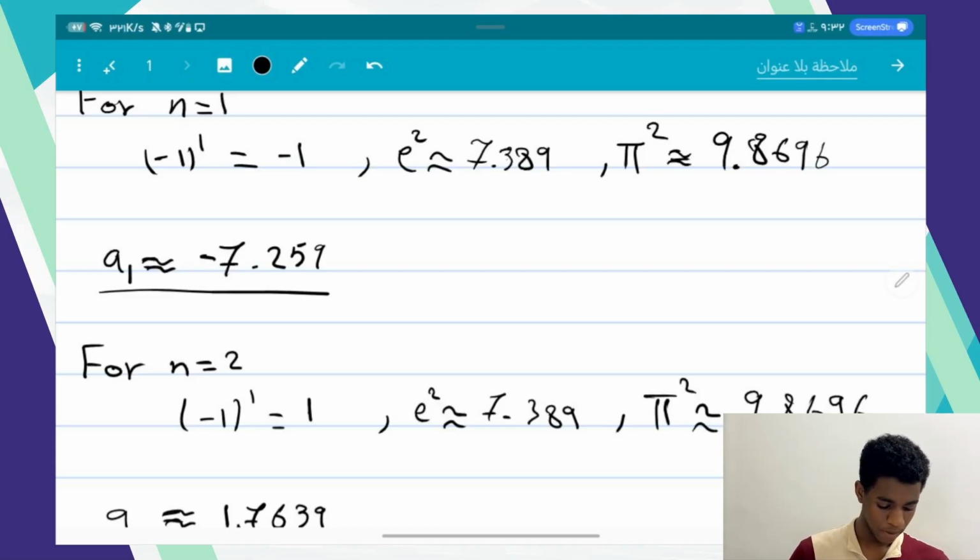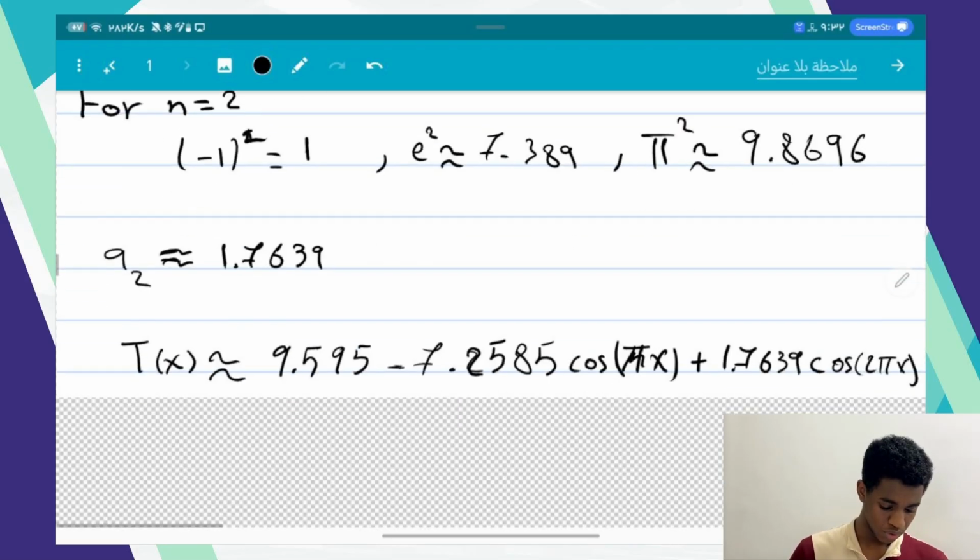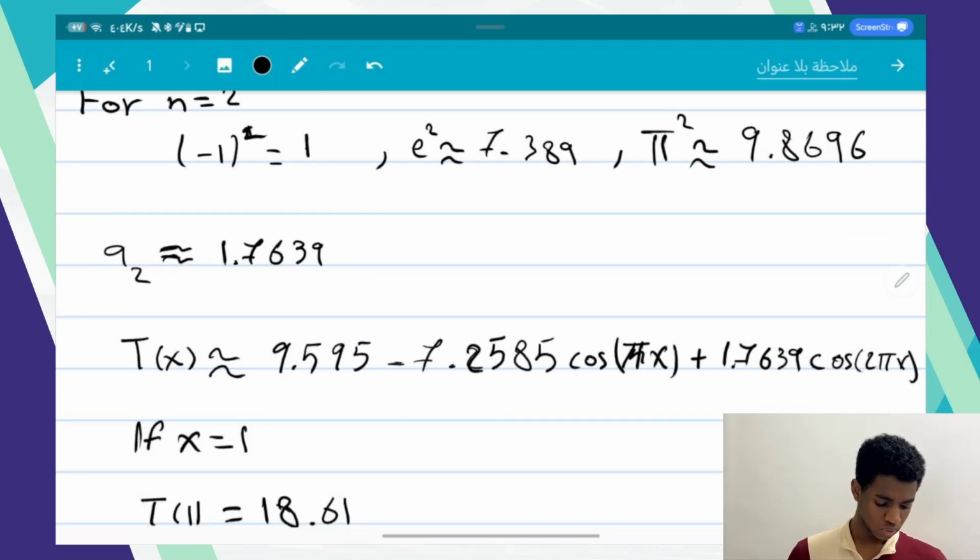For n equals 2, (-1) to the power of 2 is equal to 1. e^2 is equal to 7.389. π squared is equal to 9.8696. So we use the calculator to get a2. I got 1.7639.